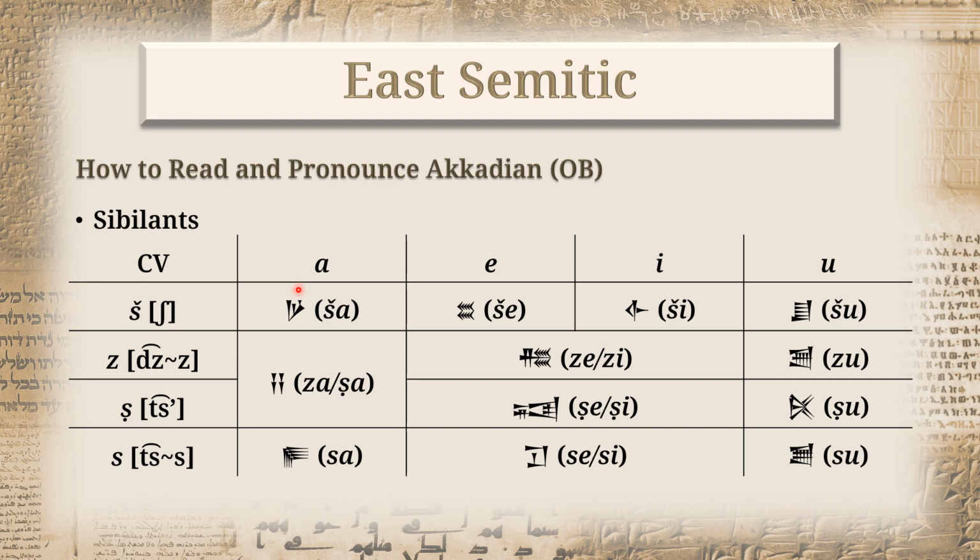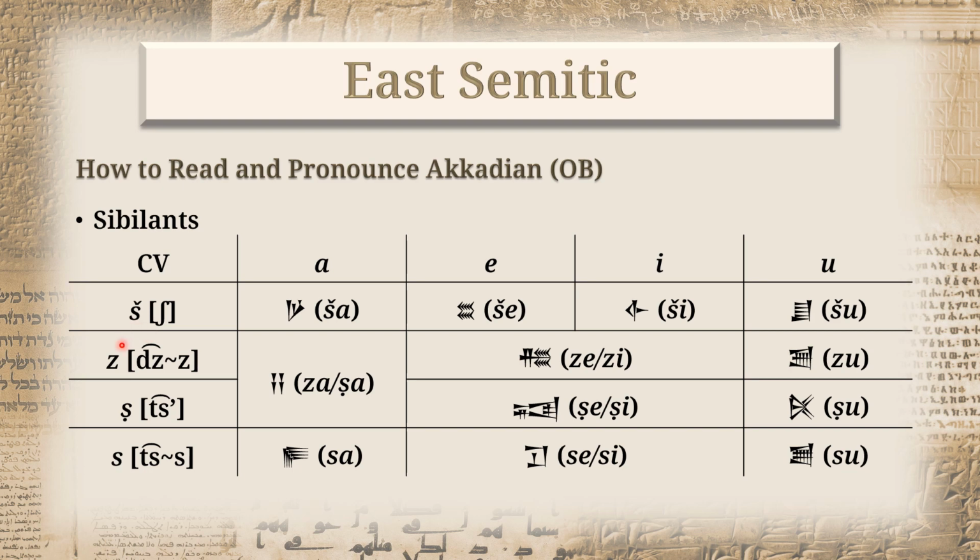Okay, so from now on, at least in this video, it shall be sha, she, shi, shu. In Old Babylonian, I'm not doing Old Babylonian only, as I said, but that's Old Babylonian. The other ones may have been pure fricatives or affricates. I would still say it's more likely to be an affricate pronunciation in Old Babylonian.